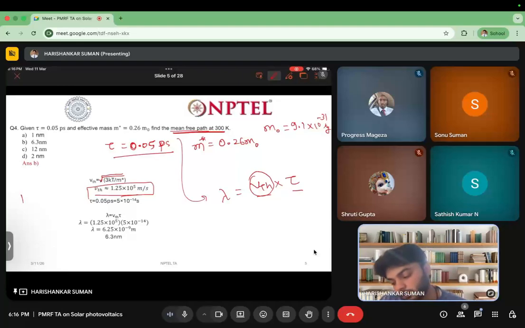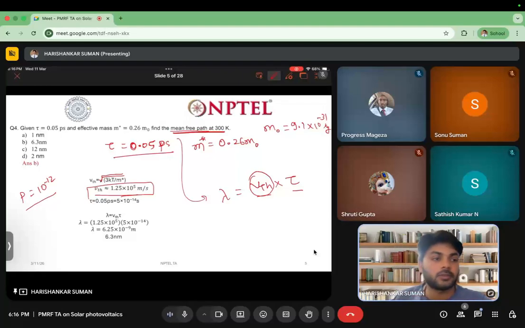Pico is 10 to the power minus 12. Check your answer. Please calculate it yourself and let me know if this is correct or not. Yes, please do it yourself.